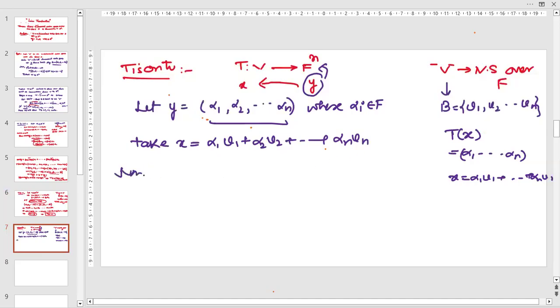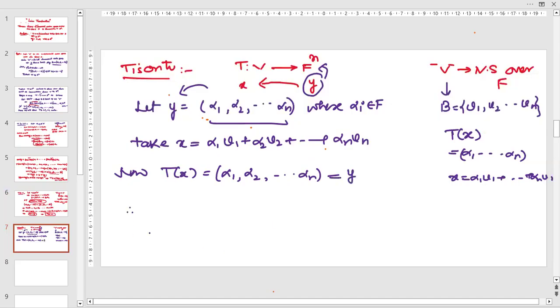Now T of x is what? T of x is equal to alpha 1, alpha 2 by definition, alpha n, and this is nothing but equal to y. So this is y.